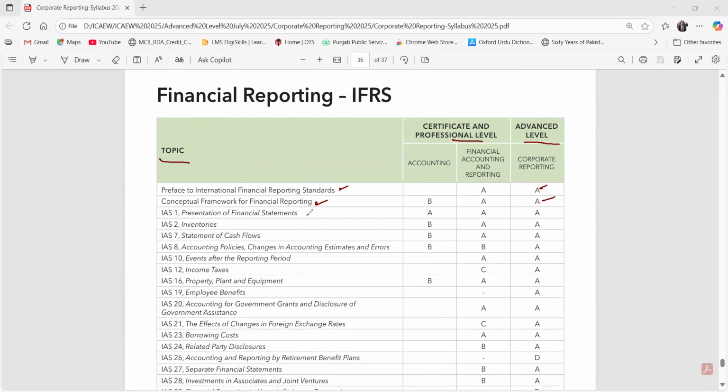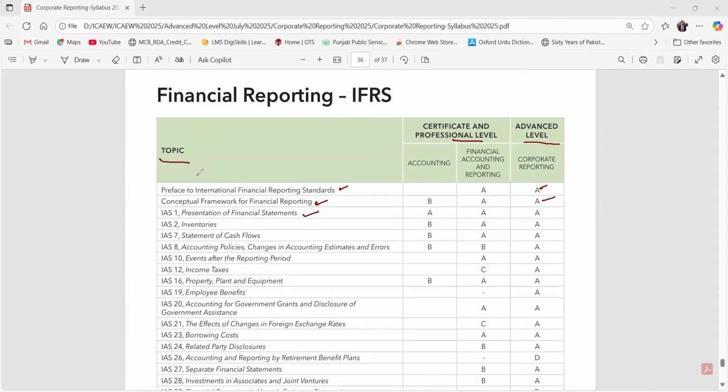IAS 1, presentation of financial statements. You should be familiar with how we have to present our financial statements, and you must be a skilled person, an expert basically. One thing that we should keep in mind is that the examiner does not assume you have some experience at this point when you are appearing in the corporate reporting exam.